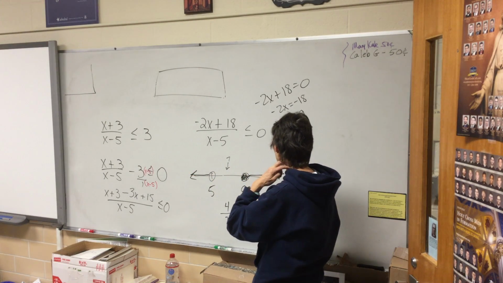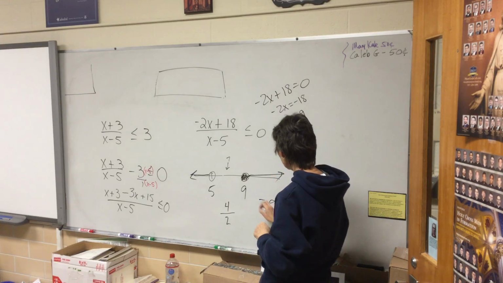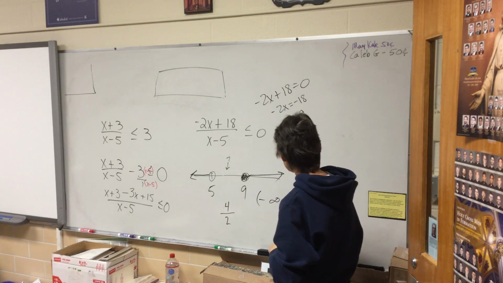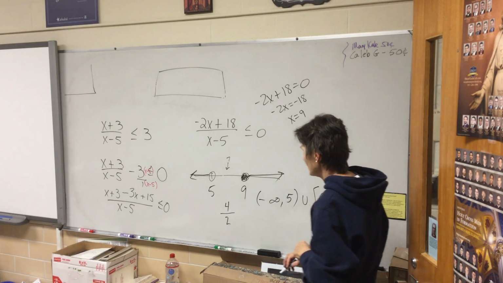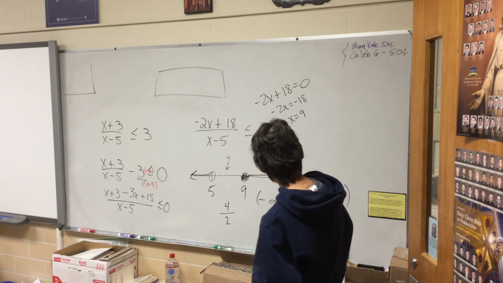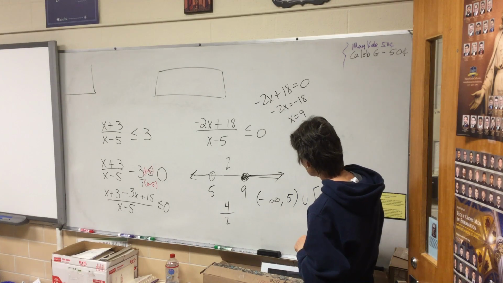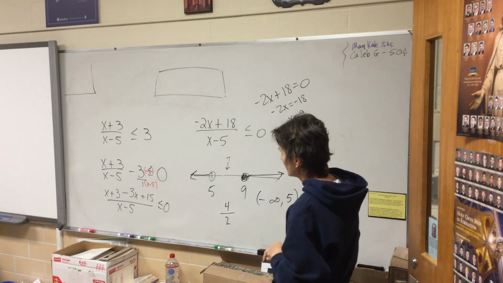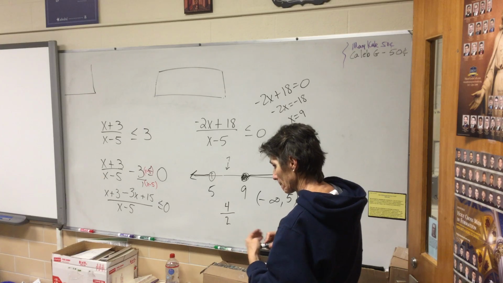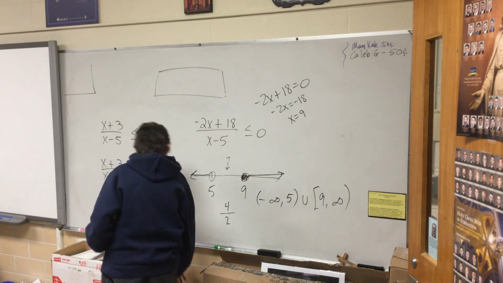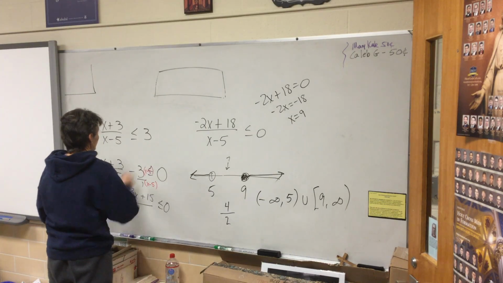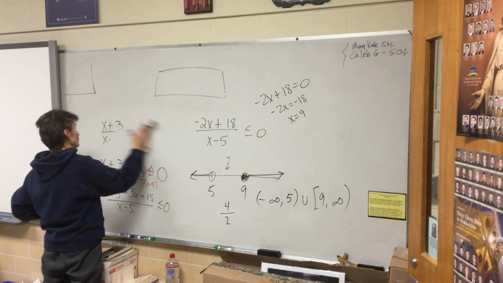So your answer is negative infinity to 5, and those have parentheses, and then a bracket from 9 to infinity. And the infinity is always a parentheses, but the 9 is a bracket because that dot got closed in. All right, now you try one on your own.